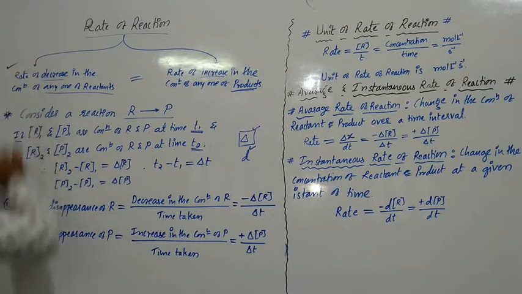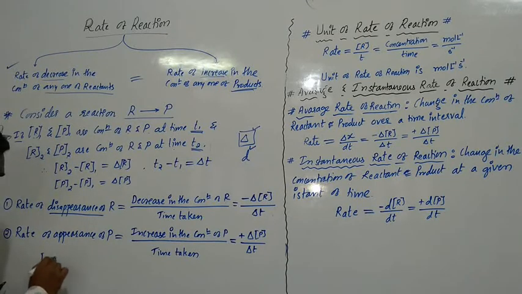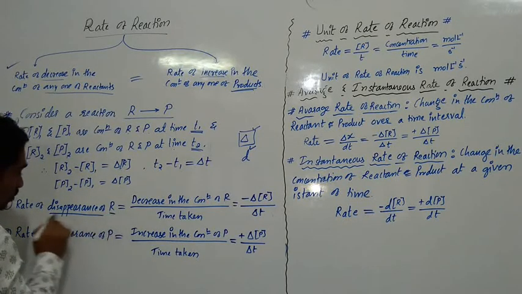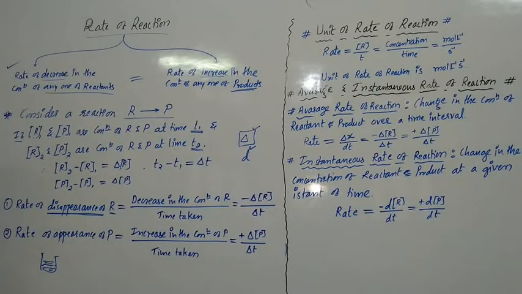First, the rate of decrease in the concentration. By using this, how can we calculate rate of reaction? The rate of disappearance of R. During the chemical reaction, what happens? If I take a beaker and start a chemical reaction in it, the concentration of reactant goes on decreasing and the concentration of product goes on increasing. The reactant going on decreasing means it disappears.